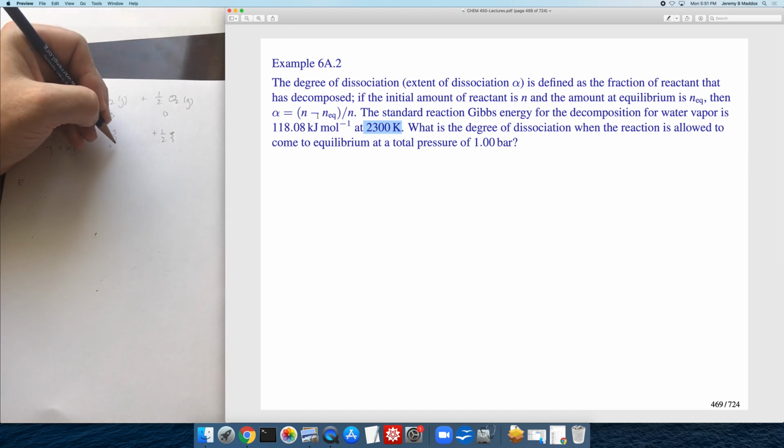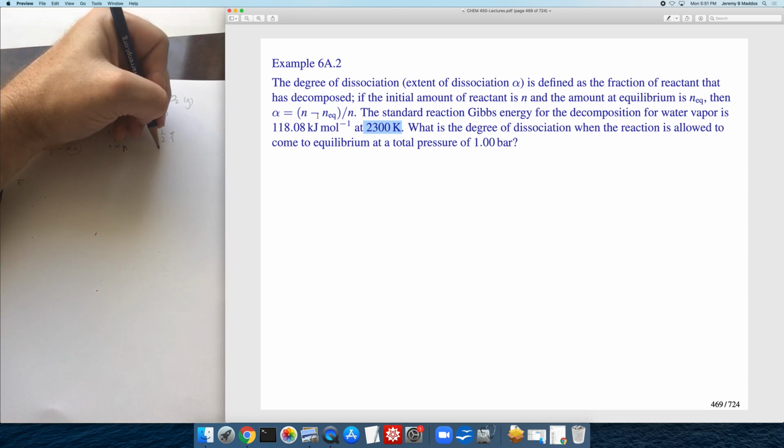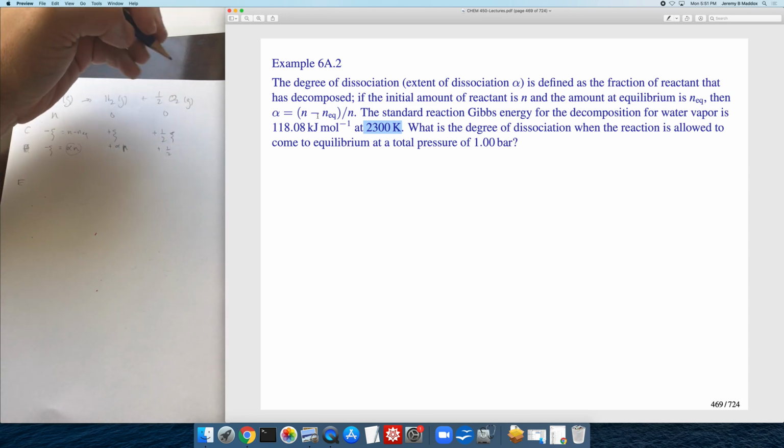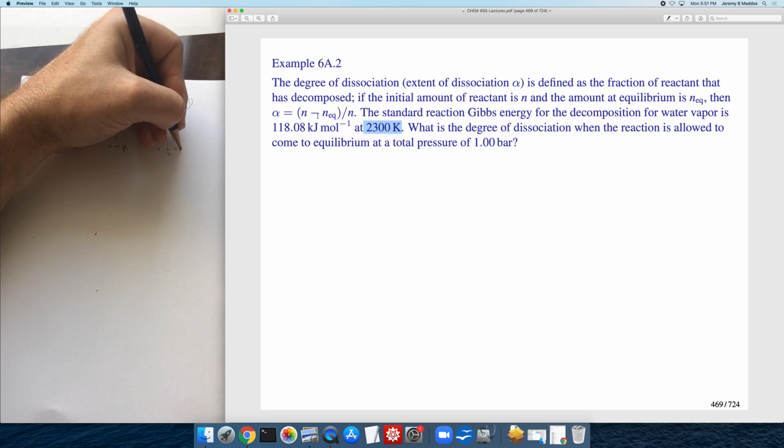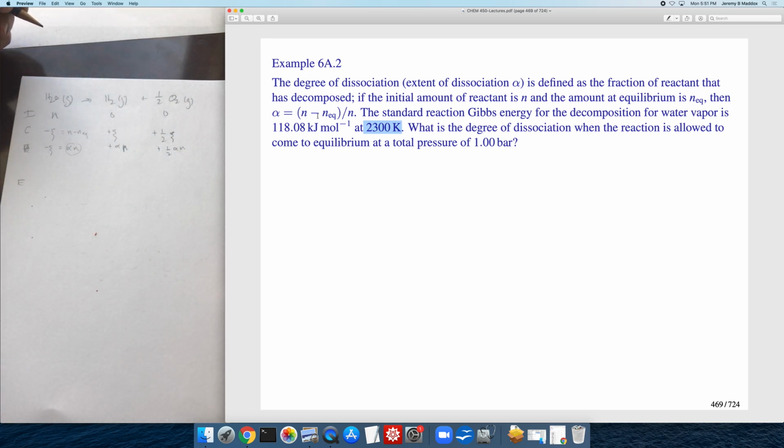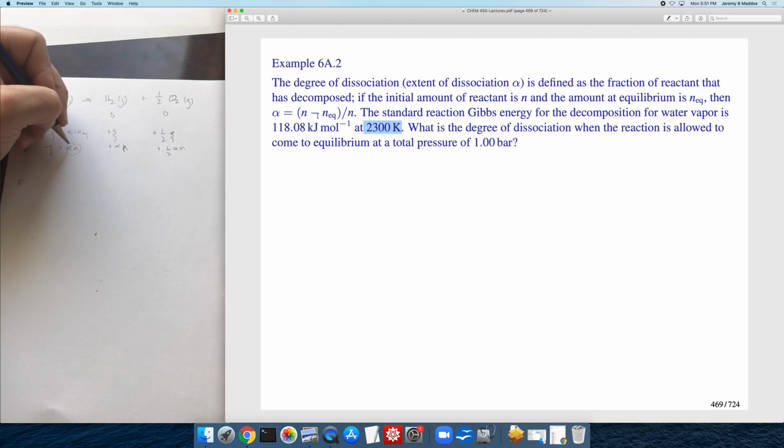So this is going to be plus alpha times N, and this is going to be plus 1/2 alpha times N. I should make that minus. There we go. So this is the change in the amount of moles of this substance.